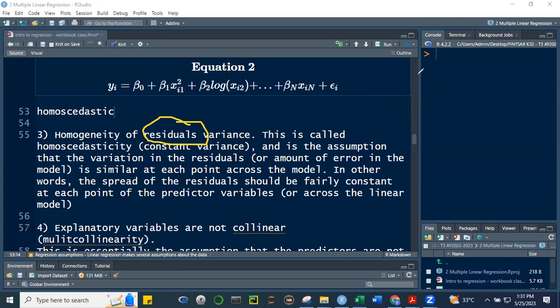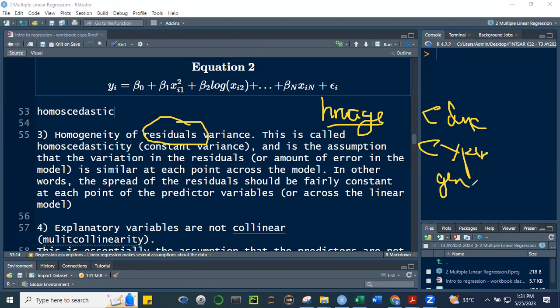Let's suppose we're interested in studying a person's hourly wage. How much do they earn per hour? We want to relate it to, say, education, experience, and gender. These are our predictors.